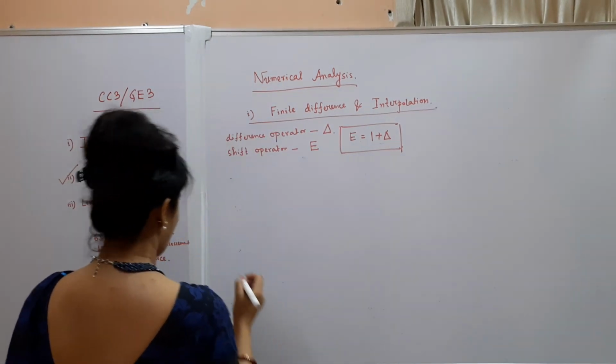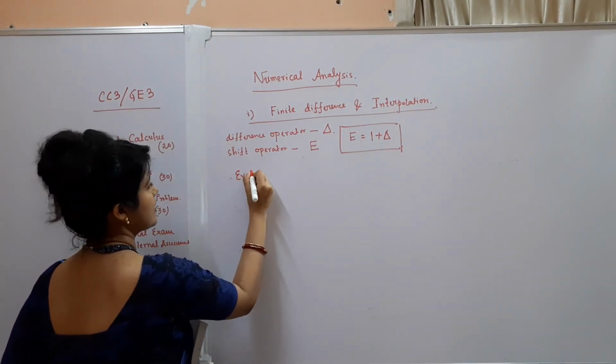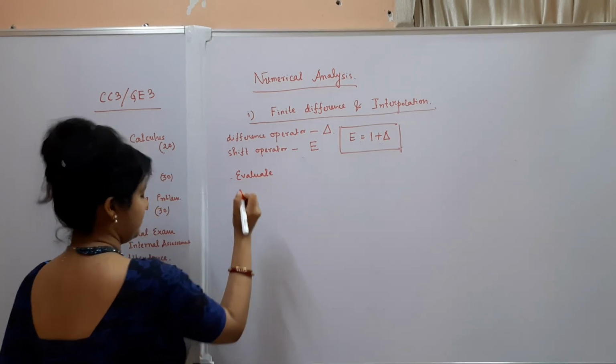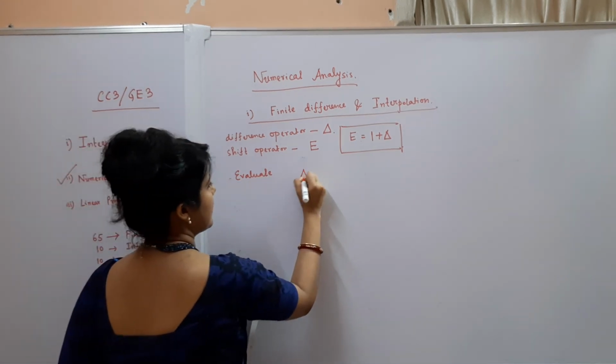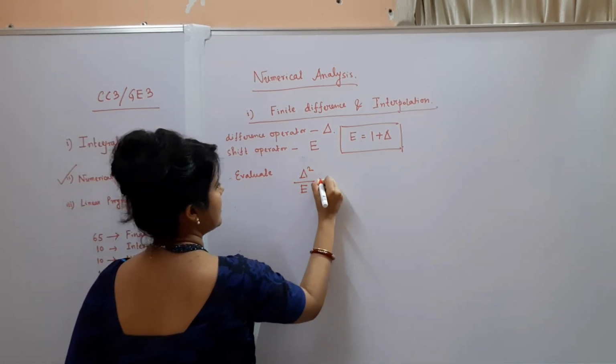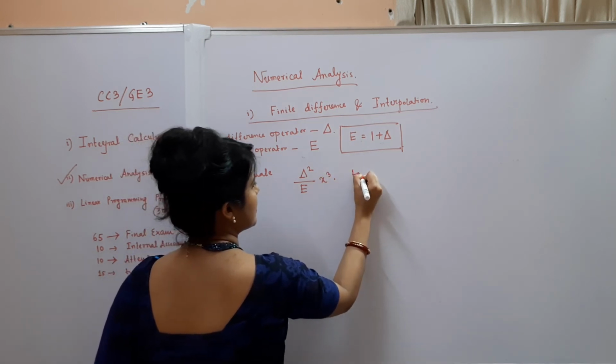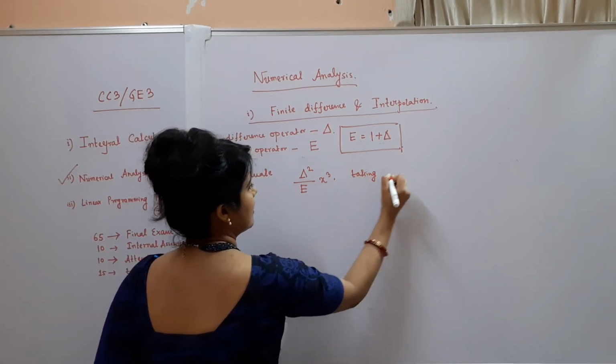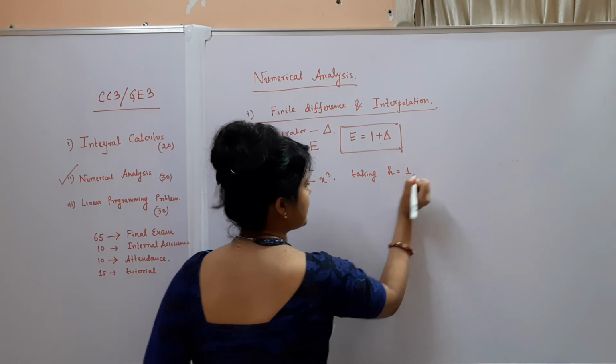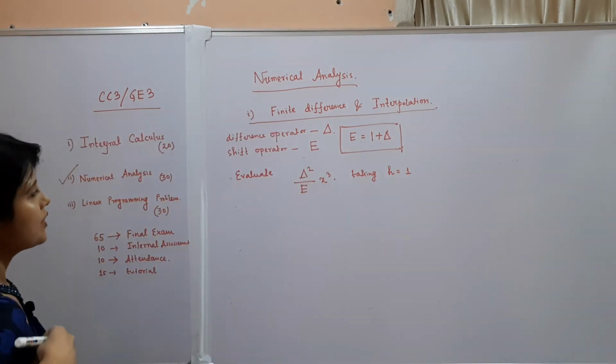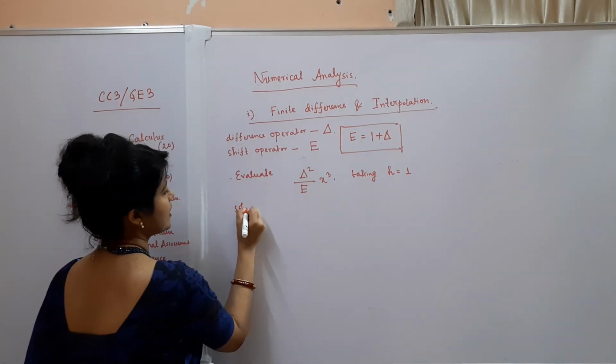Now this type of problem, suppose evaluate delta square by E x cube taking the common difference h as 1. Okay. So what will be the solution?